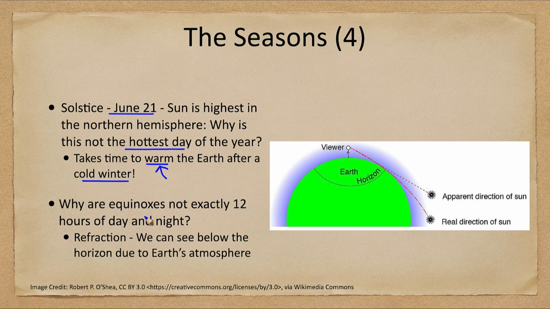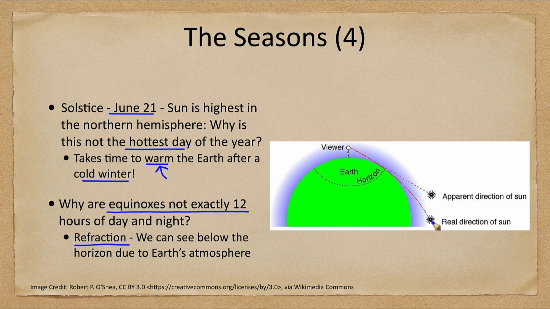Now we can also look at why the equinoxes are not exactly 12 hours. If you look at the sunrise and sunset on the equinox, it should be 12 hours theoretically. However, what we find is because of refraction, this is not the case. And here we see this in our image, our viewer standing on Earth, looking off and watching the sunset.